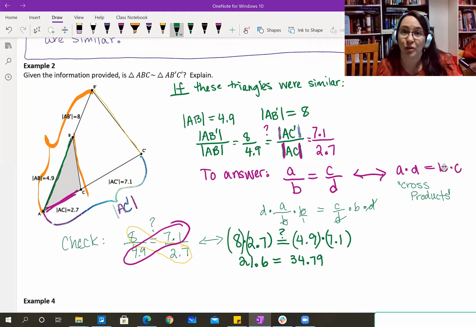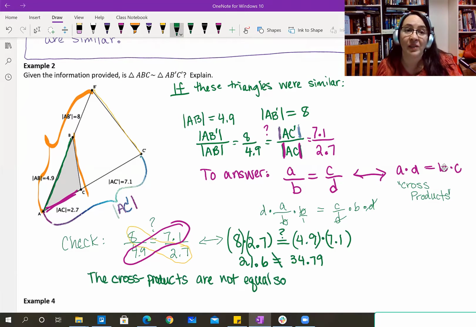Those two quantities are not equal. And because the cross products are not equal, I can conclude that my original proportion, the ratio of those two side pairs, are not equal. Well, if the two side pairs are not proportional, then these are not similar triangles.